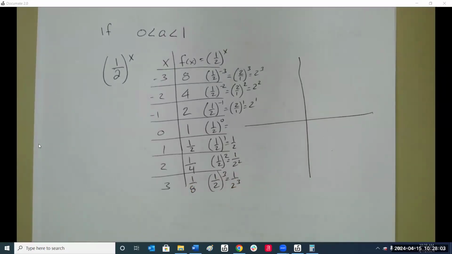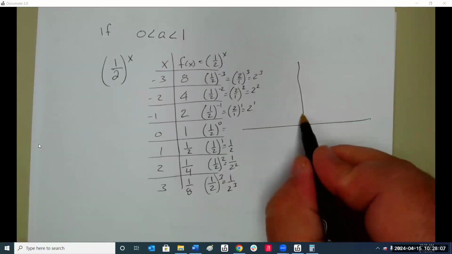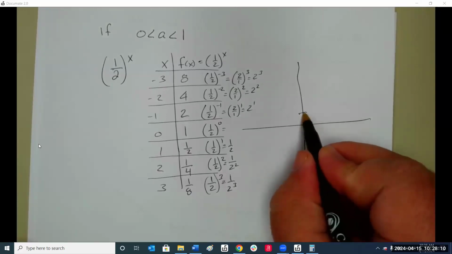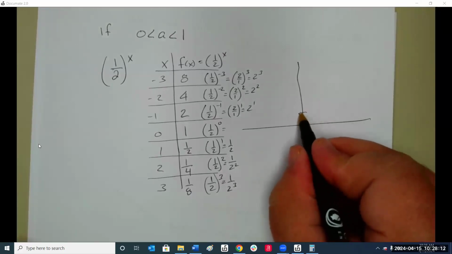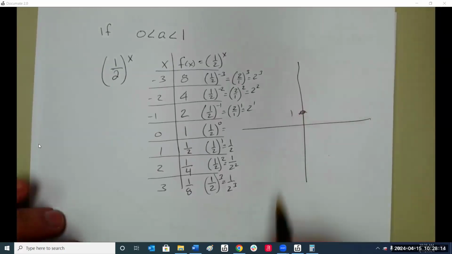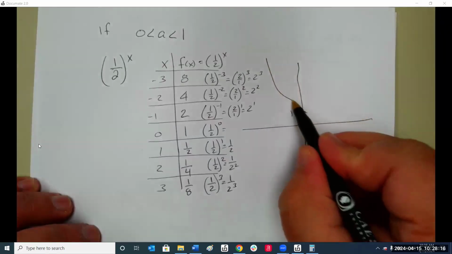So what happens if it's a fraction? Again, when x is 0, it still crosses at 1, but it's a decreasing function.